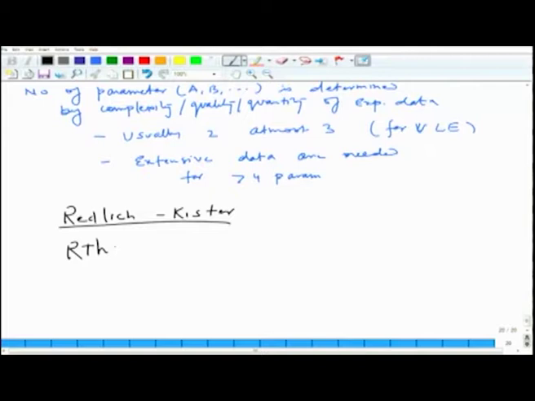It's RT ln gamma 1 by gamma 2, which is nothing but RT ln gamma 1 minus RT ln gamma 2.